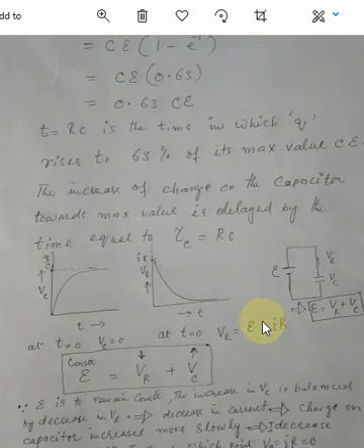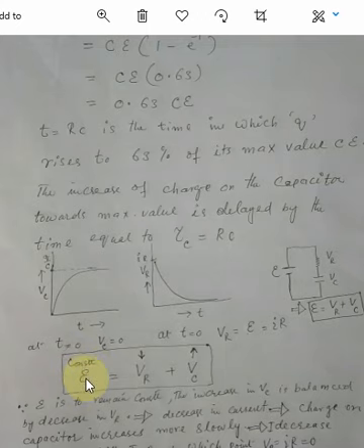Here it is important to note that this E is constant. E is constant because the source of EMF E supplies a constant voltage to this circuit, and that must be equal to E, which will not change with the passage of time.